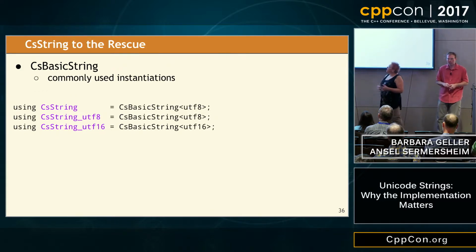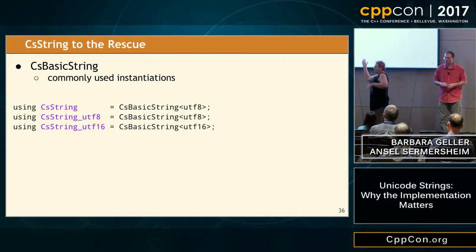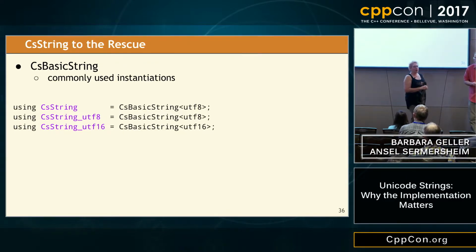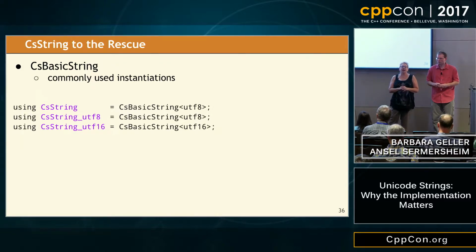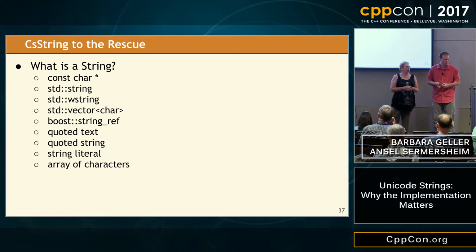So this is what it would look like. We have just set up some usings so that you can type it easier. This is part of the library. Currently, the library does support UTF-8 and UTF-16, and we're going to show you how easy it is to add another encoding. But first we had to say, wait a minute, what is a string?